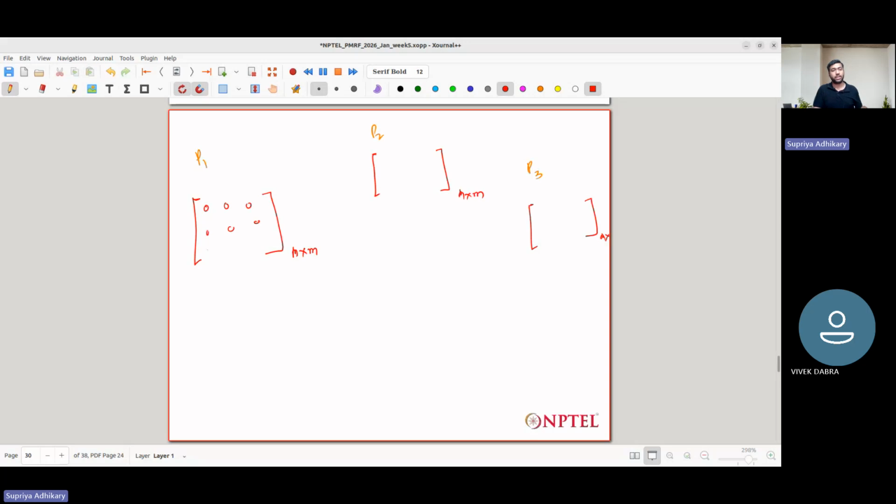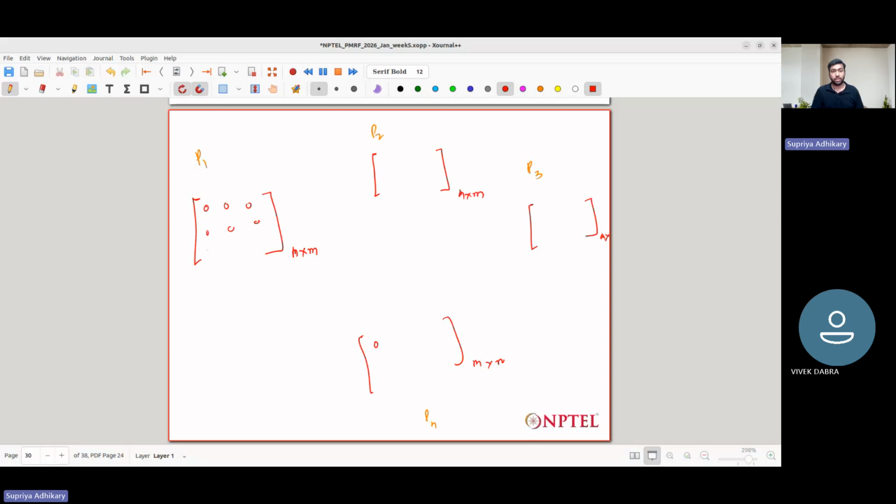So P1 generates the shares for each of these matrices and sends them to the other parties. So there are P1, P2 up to Pn, so n many parties, therefore n many matrices. So first of all, what is the communication complexity?